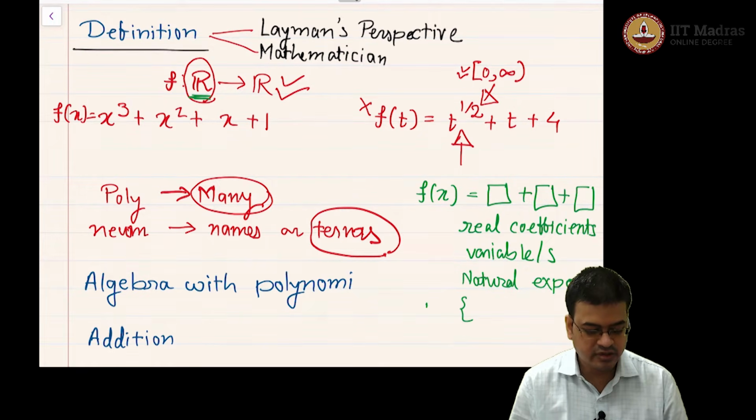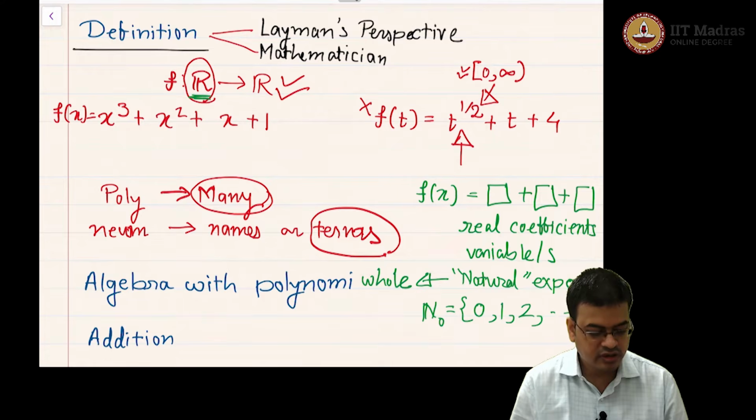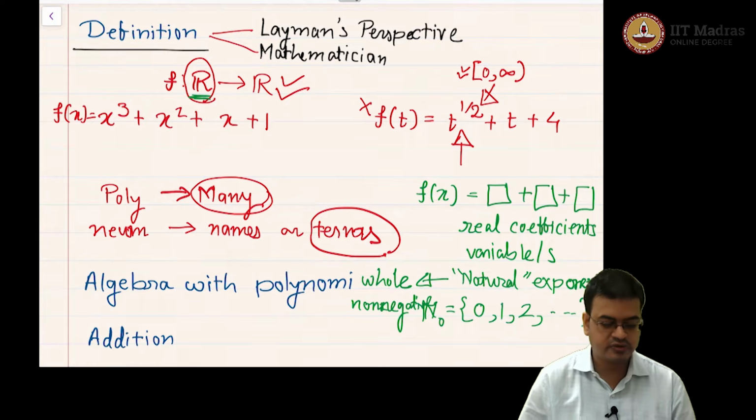I am talking about the natural exponent in the context we defined in week 1, so it includes 0. To be clear about this, you can also say natural, within quotes, is equal to whole numbers or non-negative integers. So it should be very clear in your mind.